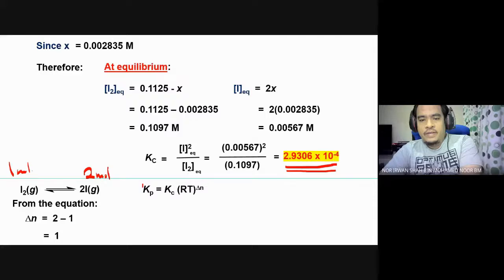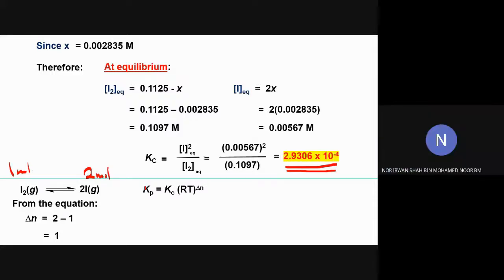equation. Since we want to determine Kp, Kc is already determined just now, and then R is the gas constant, T is the temperature in Kelvin, and delta N is 1. By substituting all of these values, let's try to solve for this. What is the value of Kp that we are going to get?